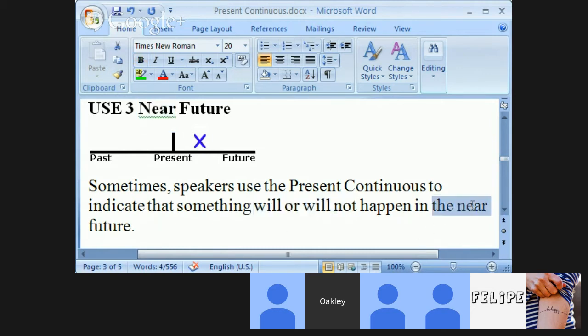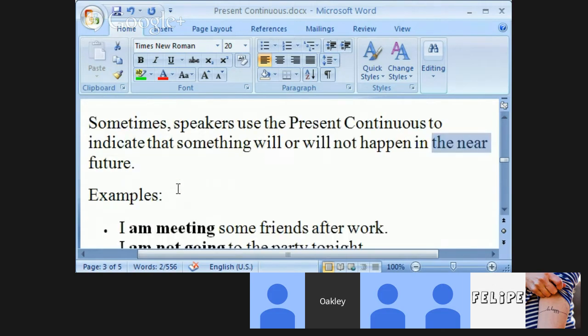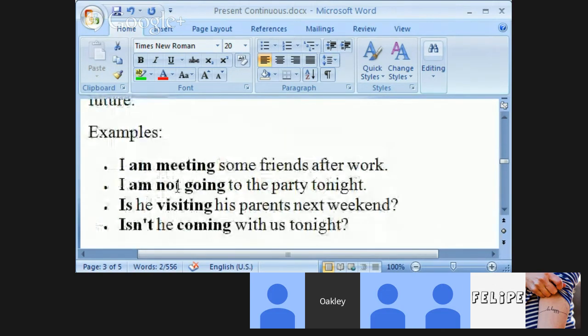The key is we tend to use this not talking about things that are going to happen 1,000 years from now, but tomorrow. And we are going to practice this. I want to make sure you understand this because this is fairly common. This isn't an unusual use. This is pretty common. I'm meeting some friends after work, in a few hours.